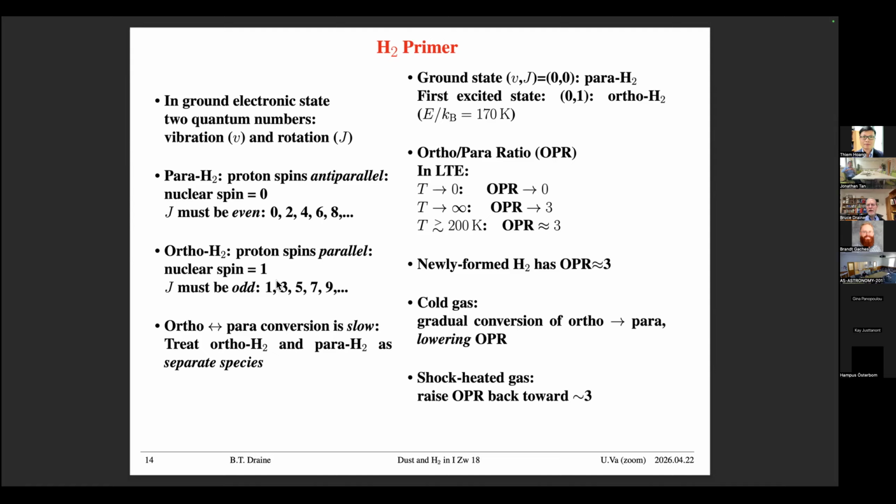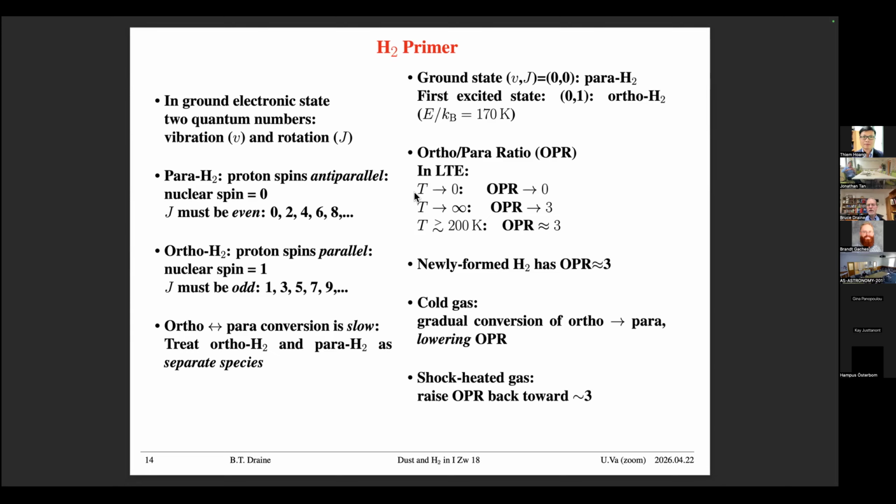And because the process of flipping the nuclear spins is a very slow one, these two kinds of hydrogen behave almost like separate chemical species, with relatively slow conversion of one to the other. So you can sensibly ask yourself, what is the ortho-para ratio that I need to reproduce the observations?